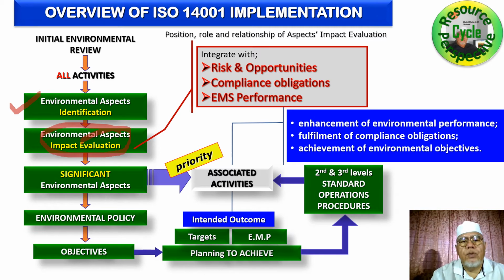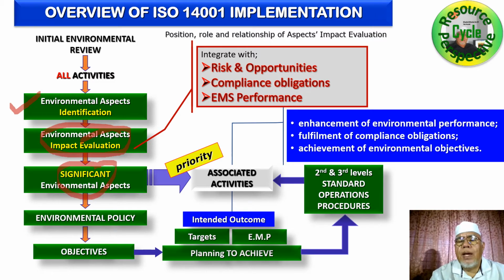Please look at those videos earlier on. And right now, we have to evaluate environmental aspects. Why? To determine which environmental aspects would contribute to significant environmental impact. And for that, we term them significant environmental aspects.